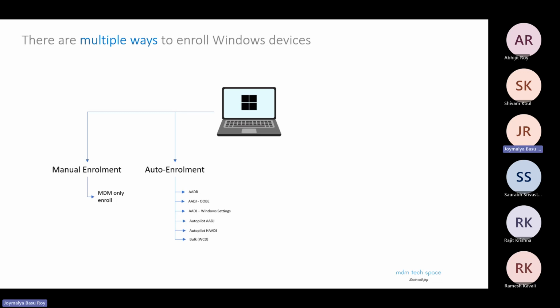We generally do not work on MDM only enrollment. But MDM only enrollment is possible for a domain joined device, for an Azure AD registered device, for an Azure AD joined device from out of box and from Windows settings, as well as for hybrid Azure AD joined.